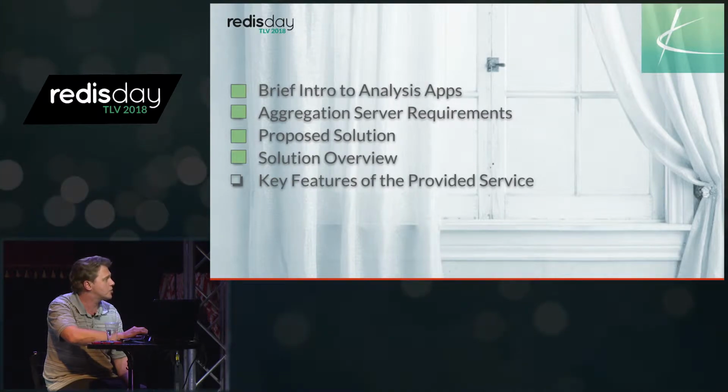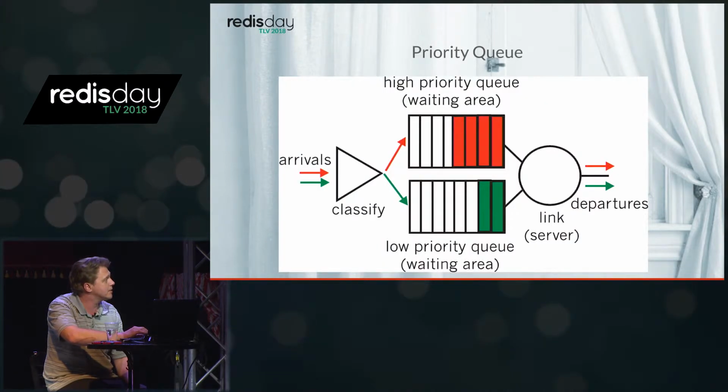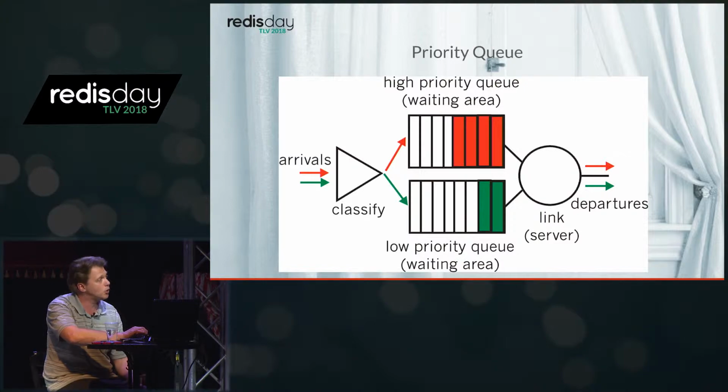Now, the key feature of the provided service is the priority queue. The priority queue was implemented in Jesque in such a way that the priority is set not on the job, but on the queue.